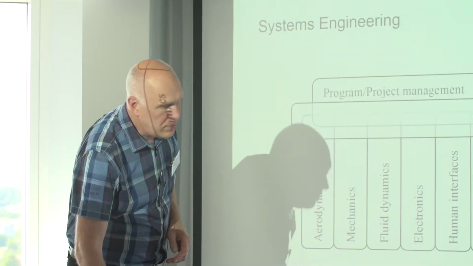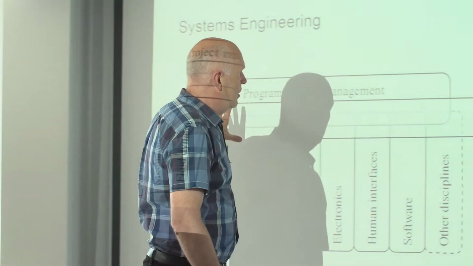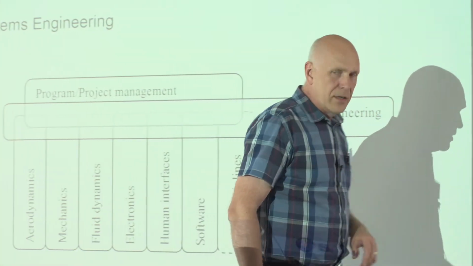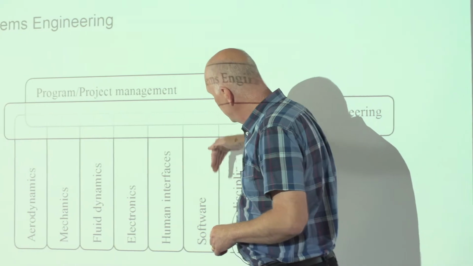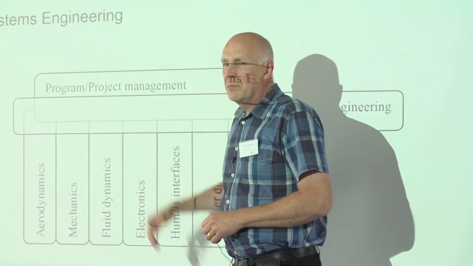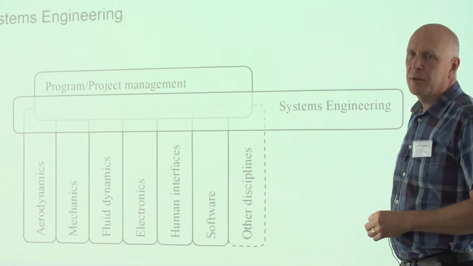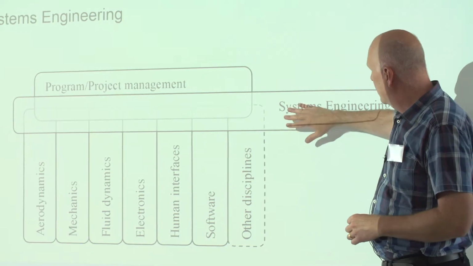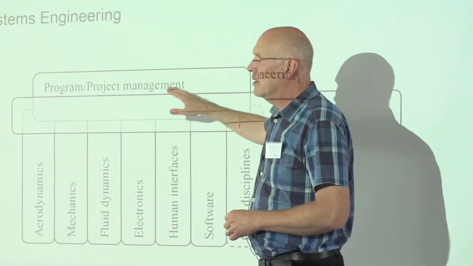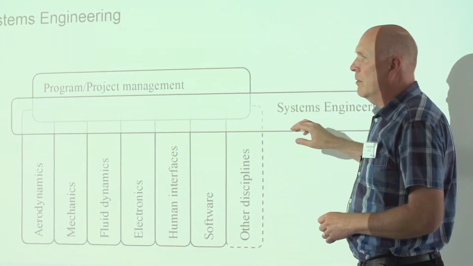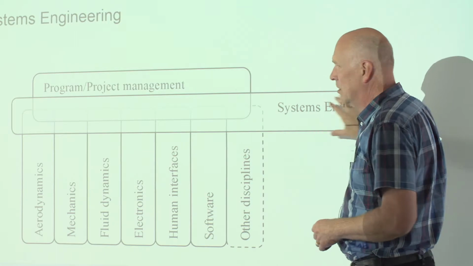So in my view, systems engineering is a technical or engineering discipline that handles the integration of all the different special engineering disciplines. But it is also an interface to the program and project management. So there is a lot of planning in the systems engineering discipline also.